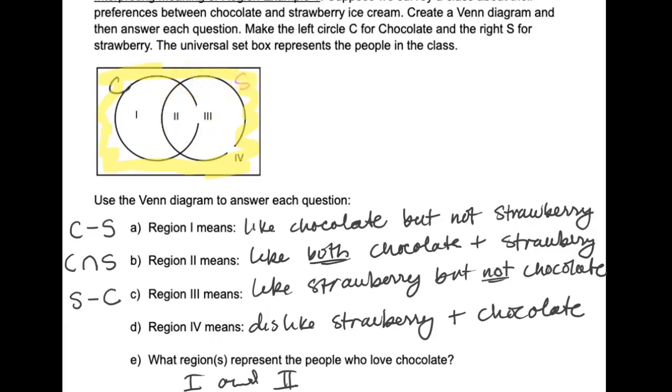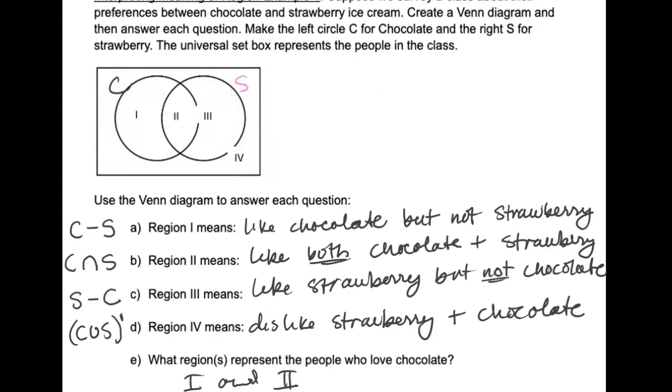All of this in here would be C union S. So to represent that shaded region on the outside, I'm going to write it the same way I wrote up there so it's a little clearer: C union S complement. Everything that's not in C union S is going to be on the outside.